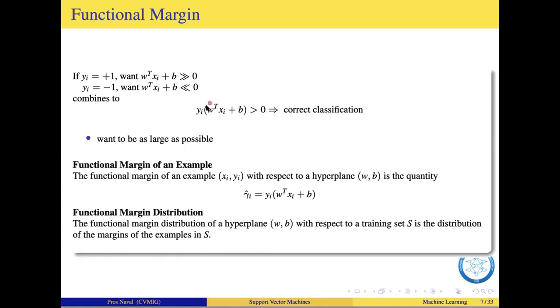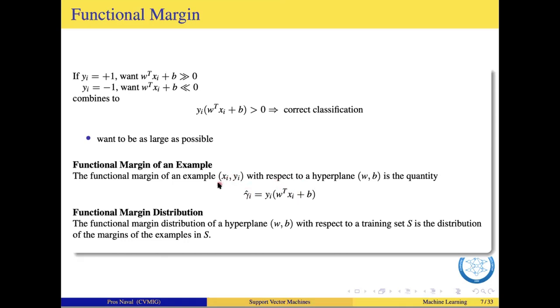So now we define the functional margin of an example xi, yi with respect to the hyperplane W, B as the quantity gamma hat of i equal to the label plus or -1 times W transpose Xi plus B. So that's our functional margin. That is for just one example.